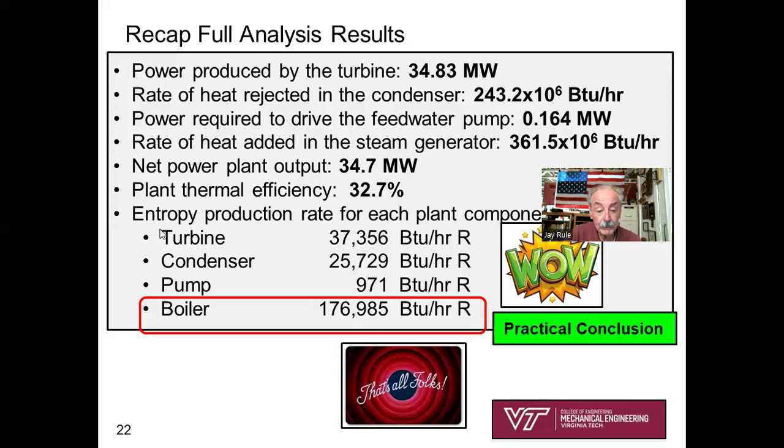I should spend most of my engineering time figuring out ways to improve the turbine efficiency more than improving the pump efficiency, because there's so much more entropy produced by this turbine compared to that pump. And so that's another very valuable practical conclusion as you're planning to be a practicing engineer.